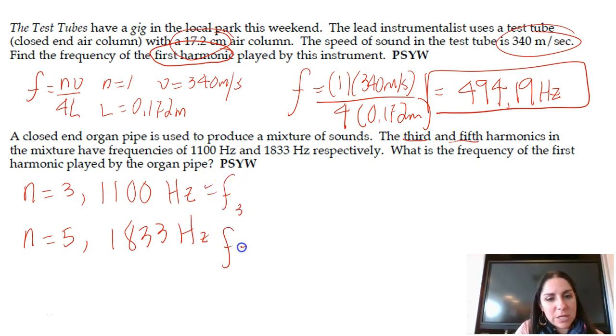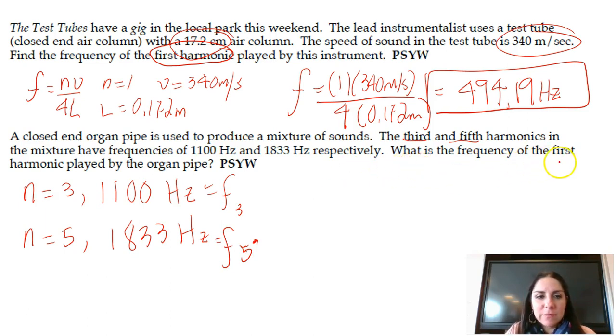So notice that's notation. F5 just means the fifth harmonic frequency, and this is the third harmonic frequency. So I'm not doing any multiplication, this is notation.